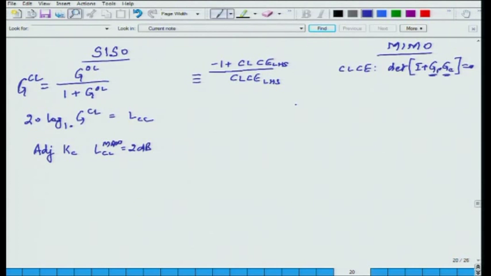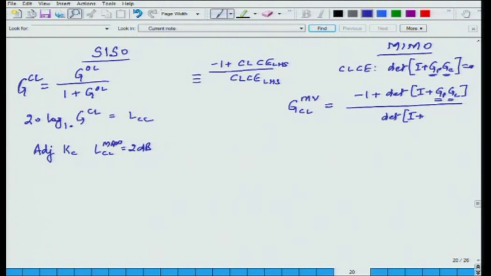Therefore, by analogy I define for my multivariable system G closed loop as minus 1 plus determinant of I plus GPGC, divided by determinant of I plus GPGC.